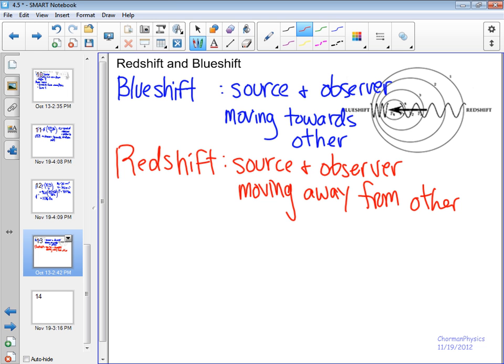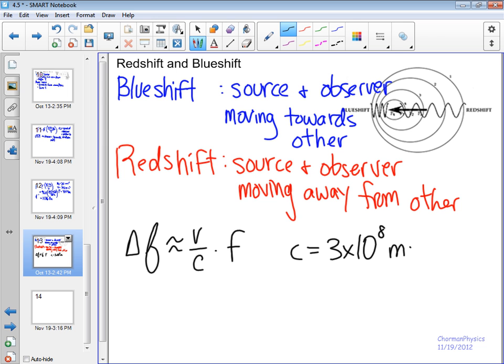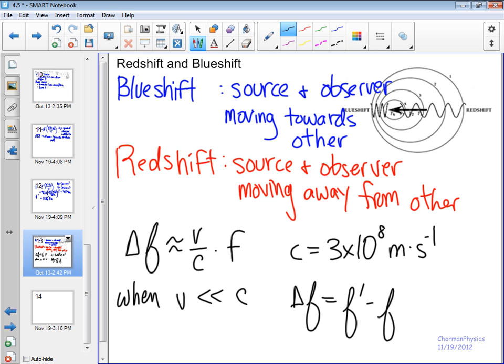So the equation that we end up with here is this one. The shift in frequency, that is the change in frequency, is equal to the ratio of the relative speed between the observer and the source divided by the speed of light, times the original frequency. Here, of course, the speed of light is 300 million meters per second. This works when v is much less than c. Yes, that is a double less than sign we use to relate when something's much less than something else.